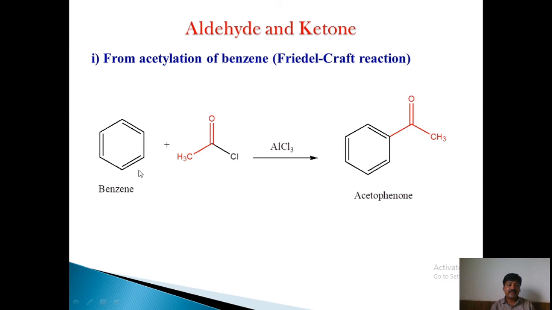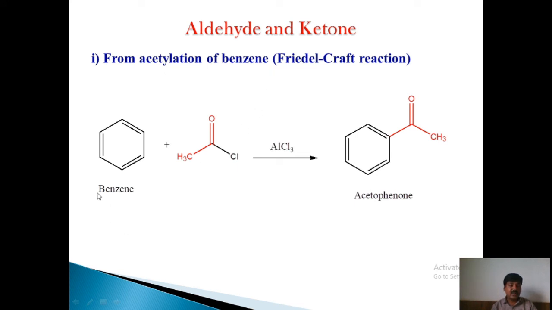That is when an aromatic compound reacts with an acid chloride in the presence of anhydrous Lewis acid, that is aluminum chloride, to form a ketone. To form this compound, acetophenone, is called the Friedel-Crafts reaction. Why do we call it acetylation of benzene? You know acetyl means CH3CO, that is the insertion of CH3CO, an acyl group, into the benzene ring. So we call it acetylation of benzene.